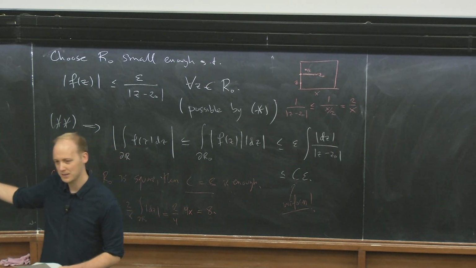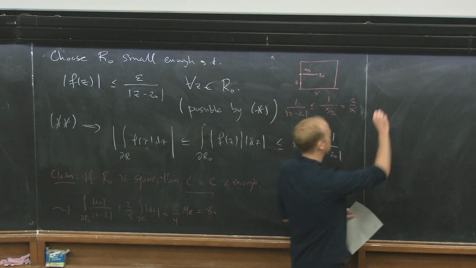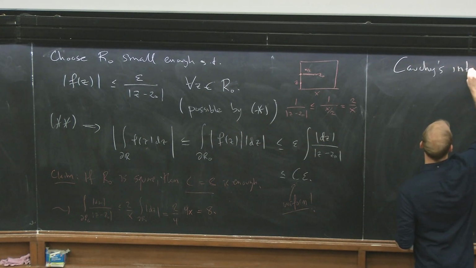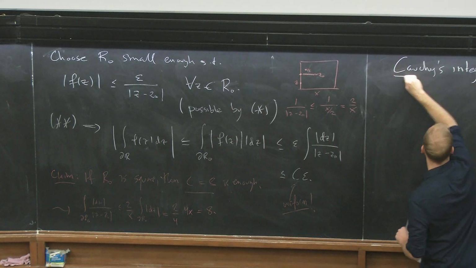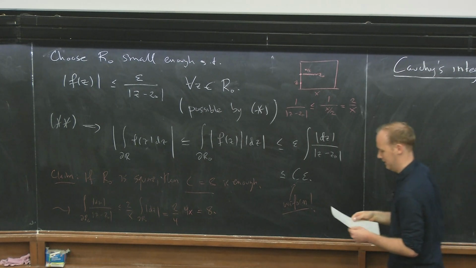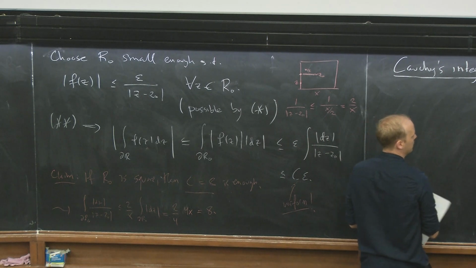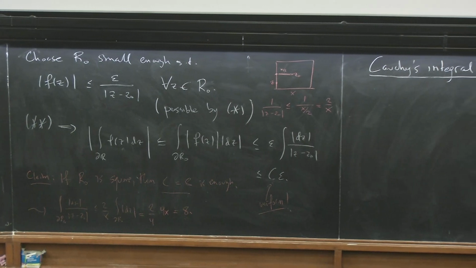But we need this to prove the next theorem, which is the Cauchy integral formula, which is a very closely related thing, right? Which involves, by the way, the winding number. So this is a nice thing. This is an application of Cauchy's theorem.